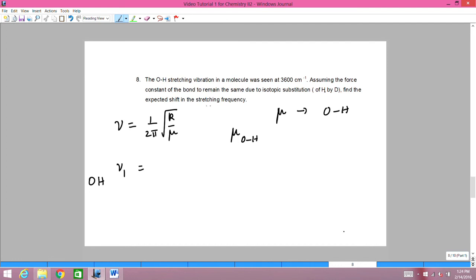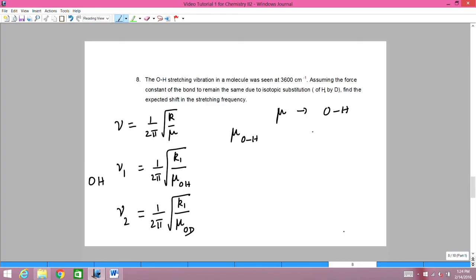We are asked to find out the expected shift in the stretching frequency. So, if this is nu 1, it is 1 by 2 pi square root of k1 by mu OH. You are told that the force constant is the same. Therefore, if there is any difference in the vibrational stretching frequency, it is due to the fact that it is k1 by mu OD. The reduced mass of OD and OH are different.